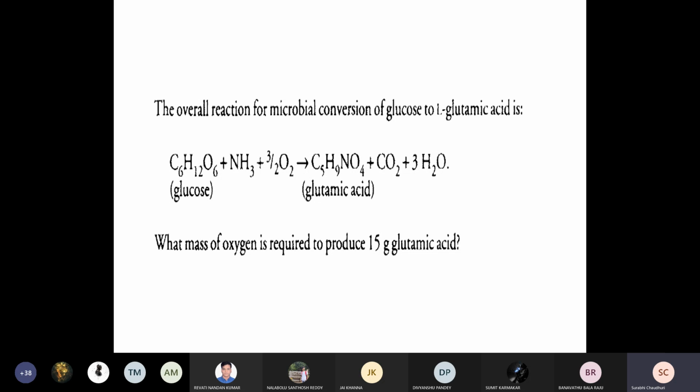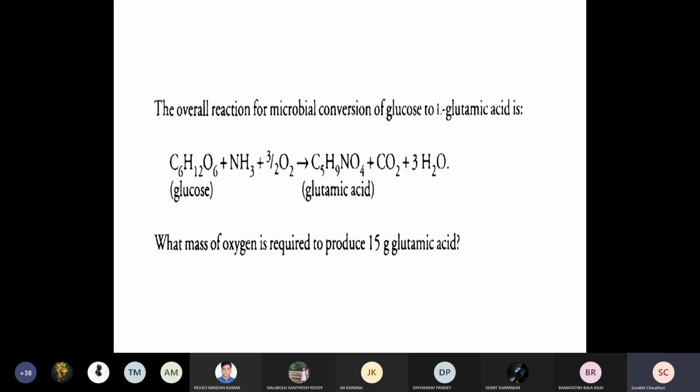And that is produced using a bacterium, Micrococcus glutamicus. Because it produces glutamic acid, the name is like that. And coccus means round shaped. So, Micrococcus glutamicus can use glucose to produce glutamic acid.